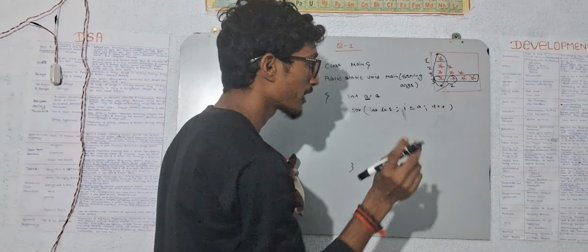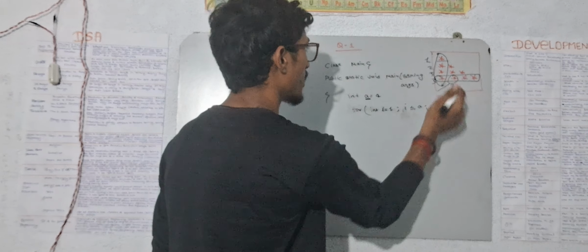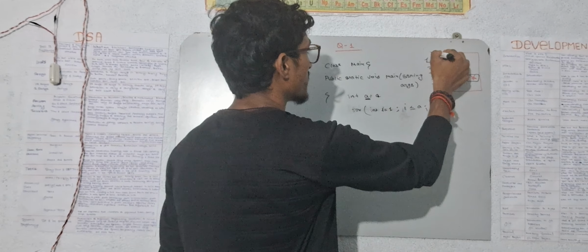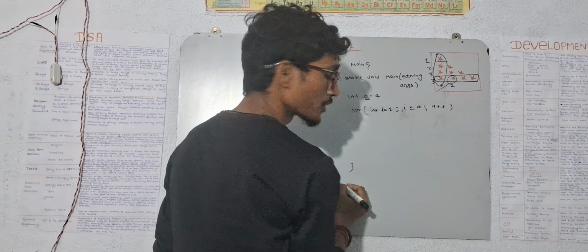We will increase by 1. This is the outer loop. If we write this code, then this pattern will print out in your output.